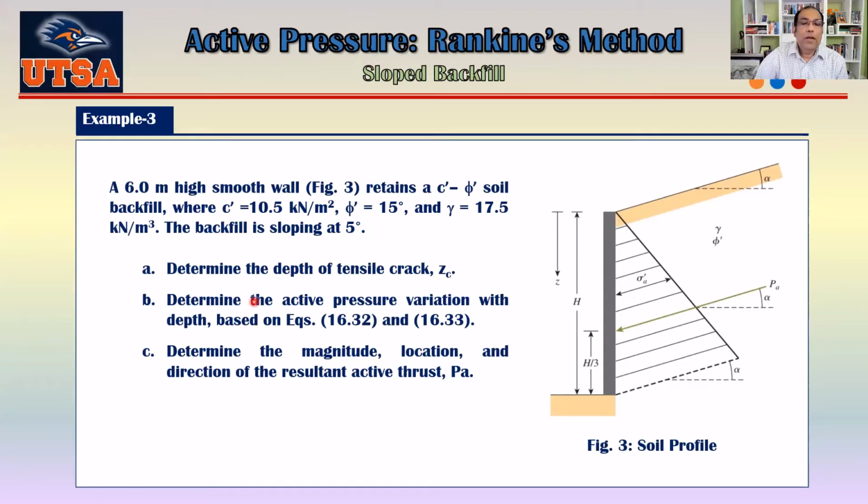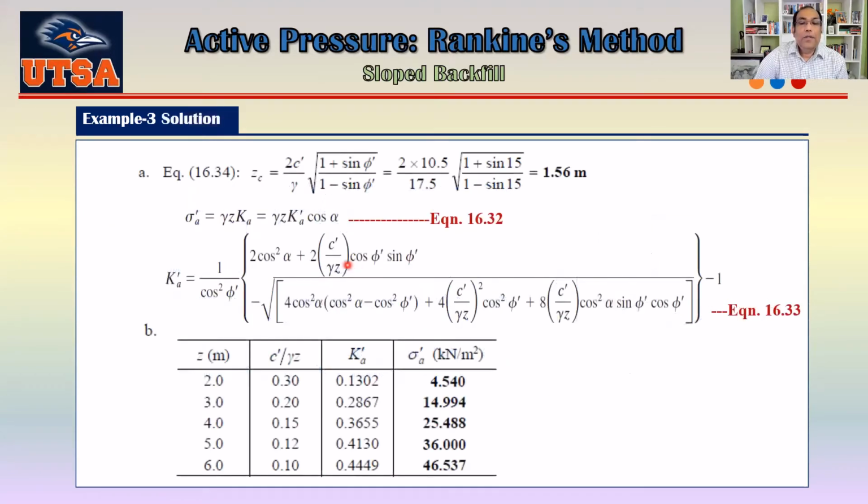Okay. Now let's see the first one first, determine the depth of tensile crack here. So from the equation 16.34, the depth of tension crack is 2c prime divided by gamma root over 1 plus sine phi prime divided by 1 minus sine phi prime.